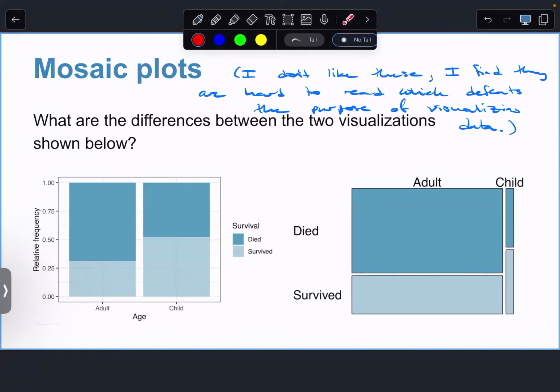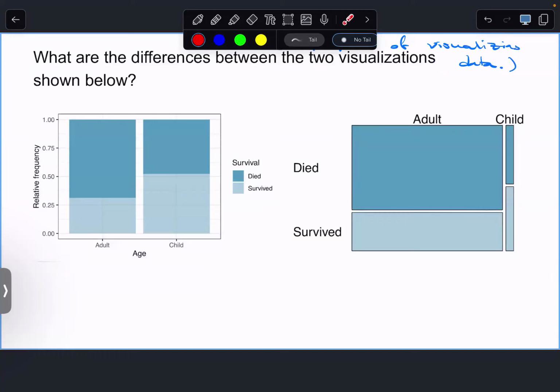Right, because here, this is a famous data set, the Titanic data set, where we have information on whether someone survived or died, and then their age and a bunch of other things. And it's kind of a go-to data set for analyses, especially for categorical data. And so here we've got the number of adults.